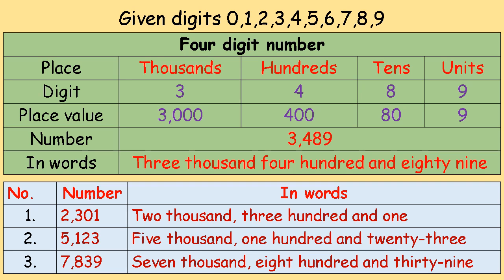Therefore, place value of 9 is 9, place value of 8 is 80, place value of 4 is 400 and place value of 3 is 3000. Therefore, here we got our 4-digit number as 3489. Similarly, you can make your own 4-digit numbers and write in words also.